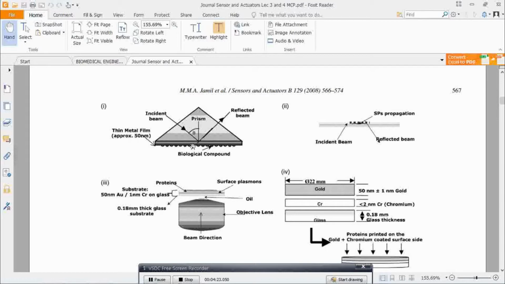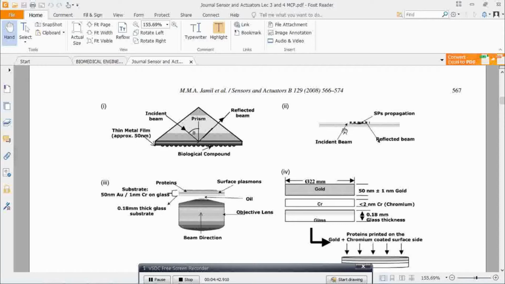But the reflected light is recorded, and you have the intensity map projected from this reflected beam. So this is the traditional or the old surface Plasmon system, the earlier one.